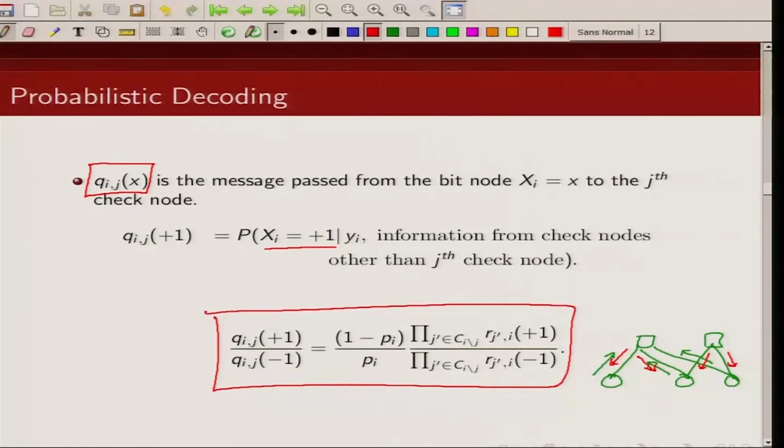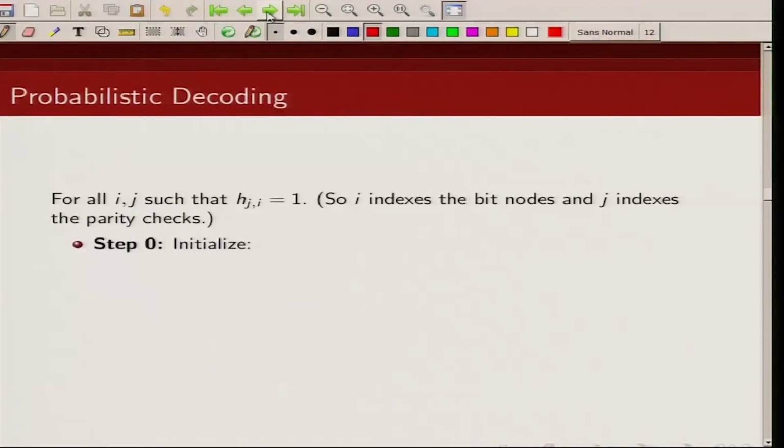So, again I repeat, there are two types of messages being propagated in this graph. One is a message from the message nodes to the check nodes, and then the check nodes send information saying whether this parity check constraint is satisfied or not given the input bit is 1 or 0. So, these Qijs are passed from message nodes to the check nodes, and these messages Rjis are passed from check nodes to the message nodes.